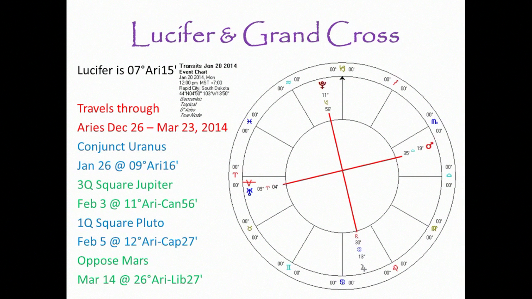And so as long as we're making the effort to move forward through all of this cardinal Grand Cross energy, especially the first 6 months of this year, then sooner or later something is going to solidify. Something's going to become that new foundation that we are evolving and growing into.